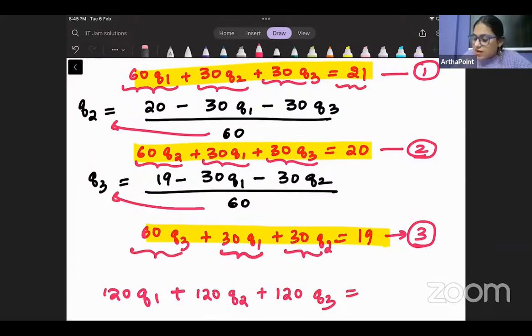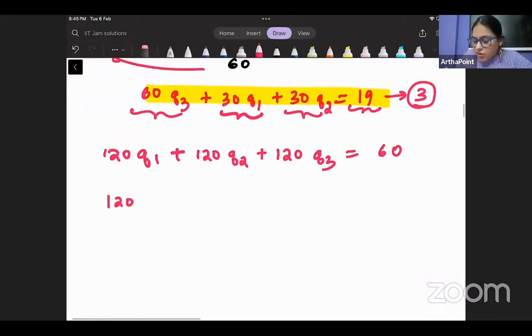And this will be 21 plus 20 plus 19. How much will you get? 60. So if I take 120 common, I will get Q1 plus Q2 plus Q3 equal to 60.